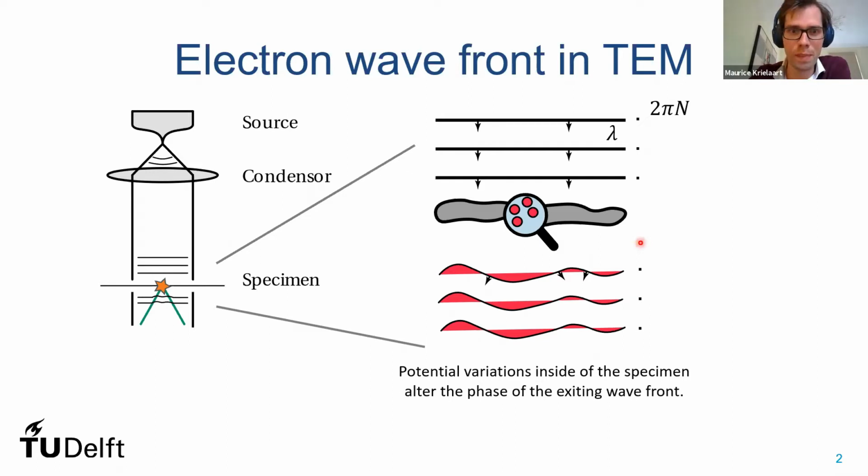what happens is, if this specimen is thin enough, the electron can just propagate through. And by carefully looking at what's going on inside your specimen, you may imagine that the atoms that reside inside there will locally either accelerate or decelerate the wavefront a little bit.